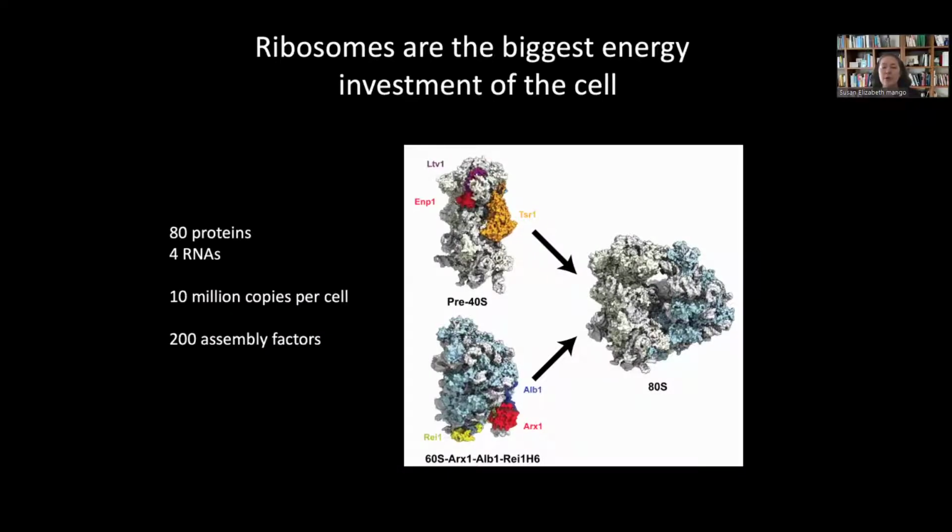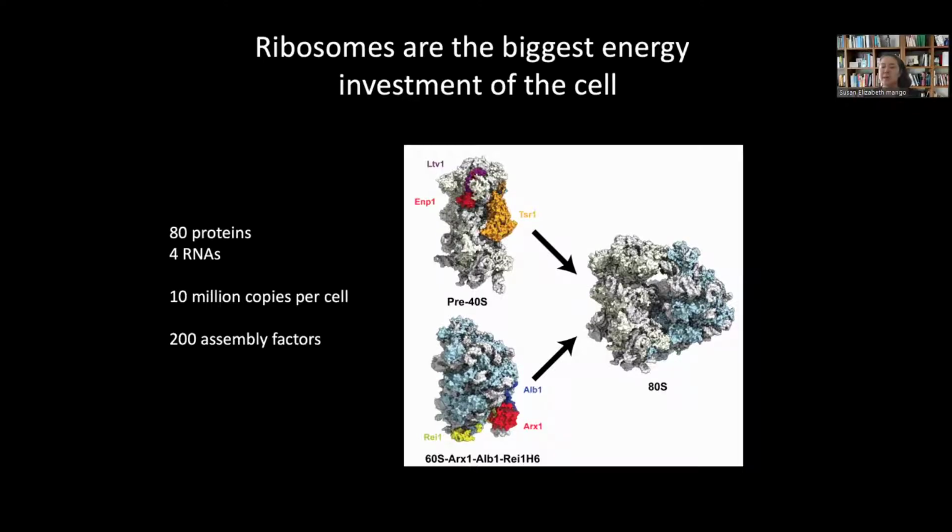Now, ribosomes are the biggest energy investment of the cell. They have a lot of protein and RNA, and there's something like 10 million copies per cell. So the cell pours in its resources to generate the ribosomes.